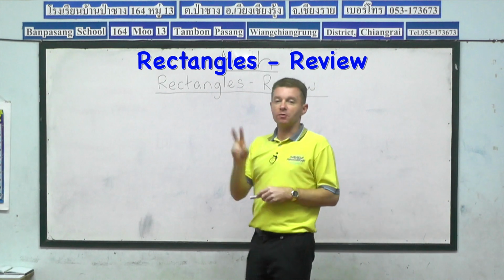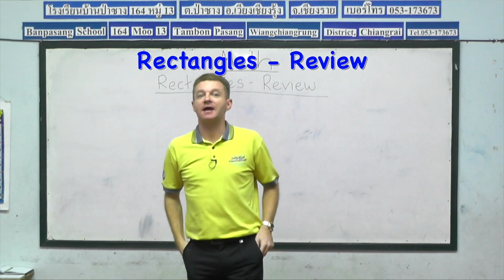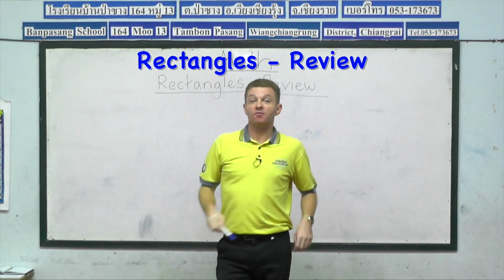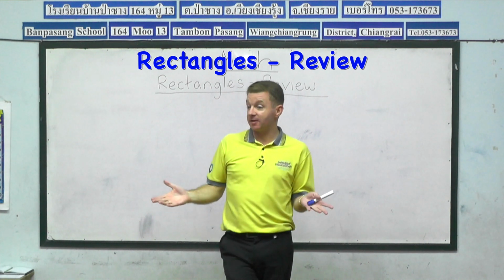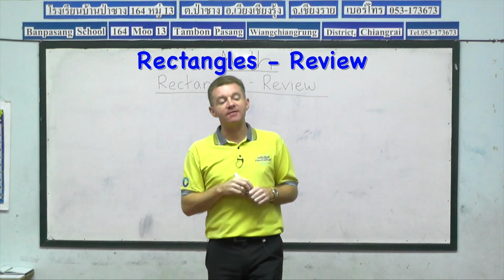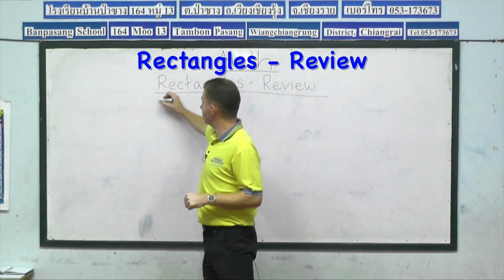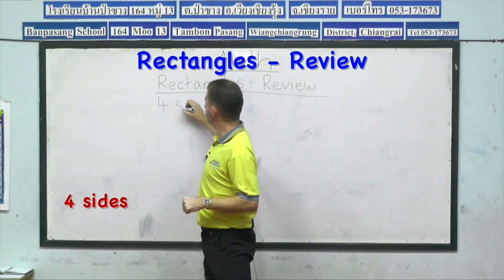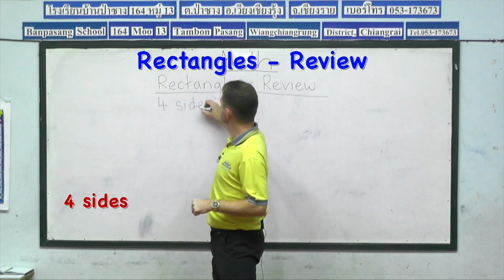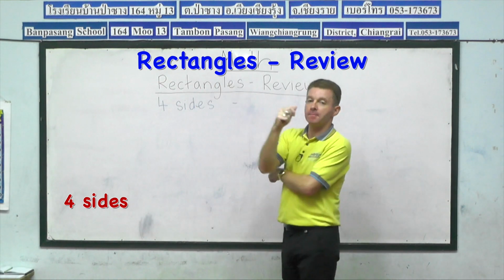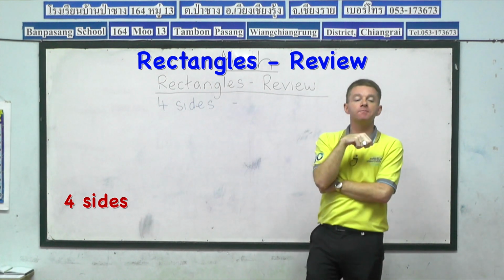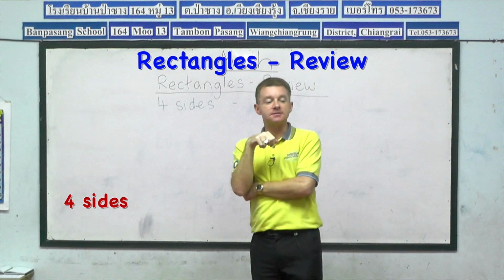Yes. Now, there were two particular types of rectangles that we learnt about. The first one was the standard rectangle. Now, how many sides does a rectangle have? 4 sides, yes. Every rectangle will have 4 sides. Now, who can remember what is the name of shapes with 4 sides?